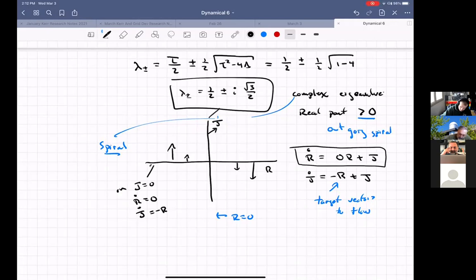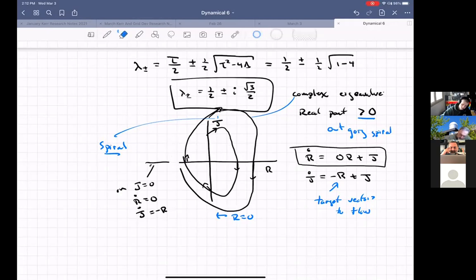And the bigger up here, it's coming at a bigger 45-degree line. See, because at R equals 0, R dot is equal to J, and J dot is equal to J. So the vector is going to come through here on a 45-degree line, either one way or the other. So I'm going to come through, down, through, down, through, and then up again. That makes sense?